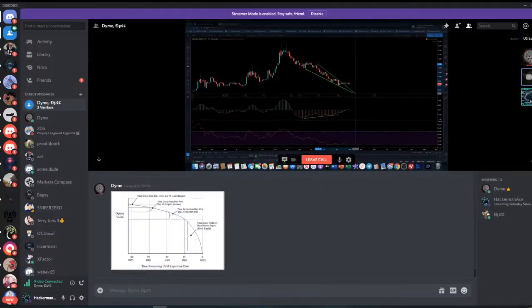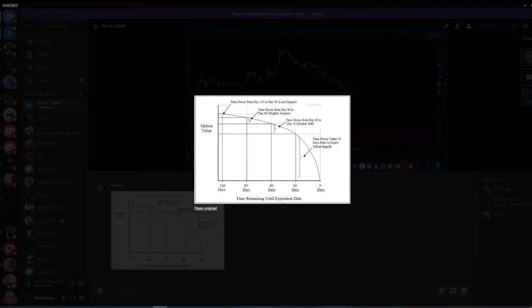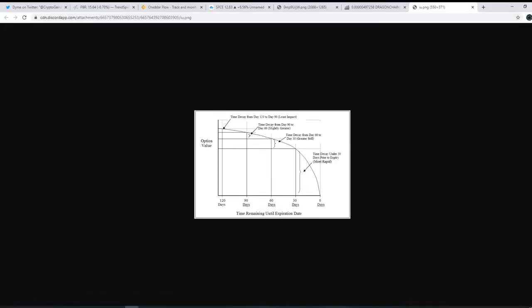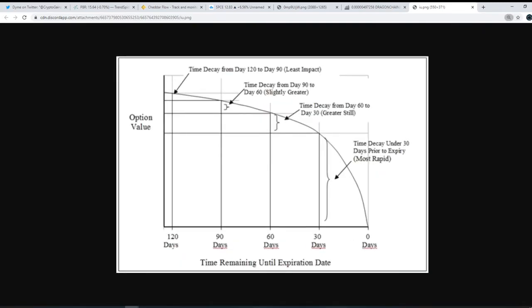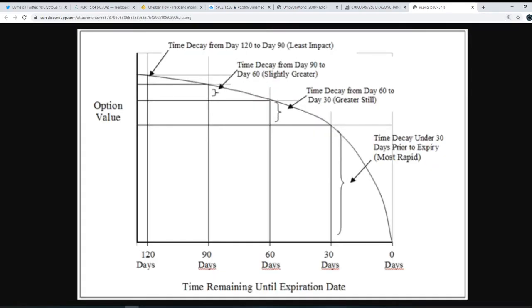Discord. Hang on. So this is a chart of how theta decay works. It's a gross oversimplification. Right click and click view image so it can come up more, or zoom in, whichever. There you go.